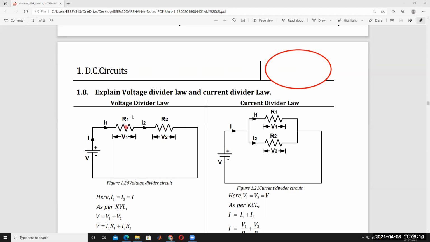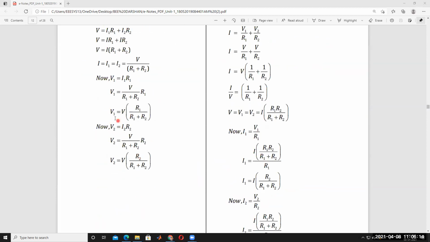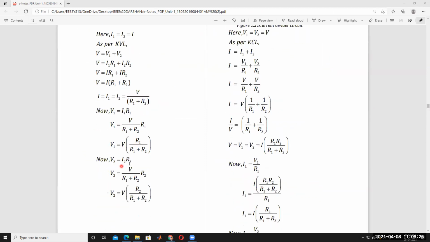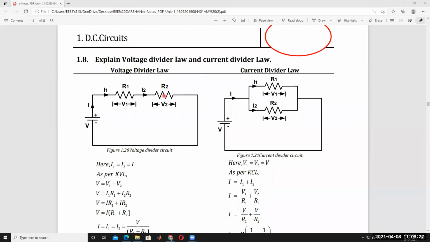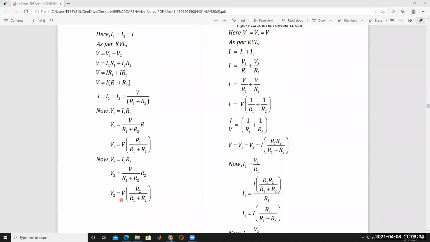But the denominator is the addition of these two. Similarly, for the voltage drop across R2, the numerator is R2, divided by the sum of the two resistors, R1 plus R2, into the total voltage.